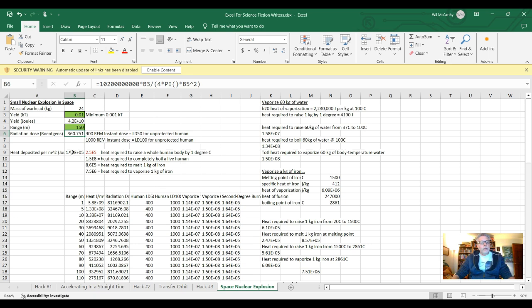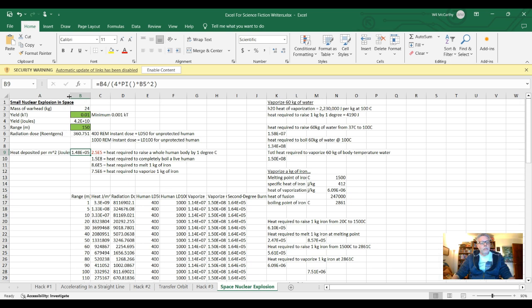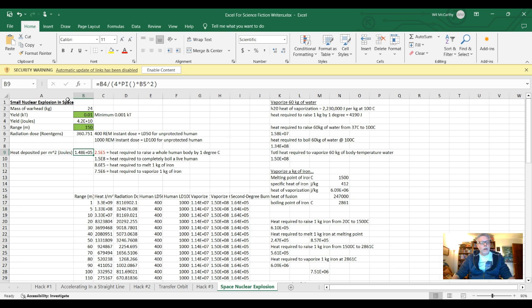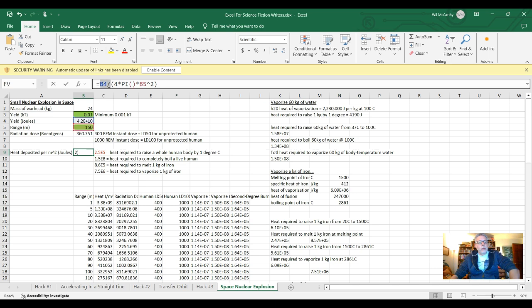Now, what about heat? We have heat that's measured in joules. Let's get that a little more visible. So once again, our delivered energy is the total yield in joules divided by 4 pi r squared.